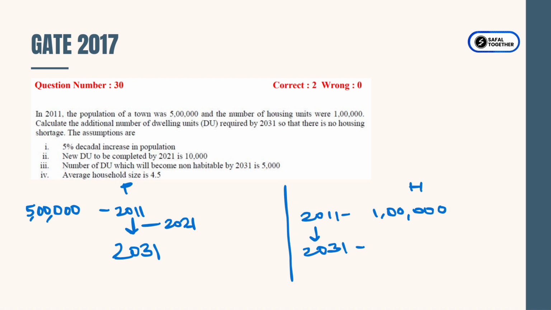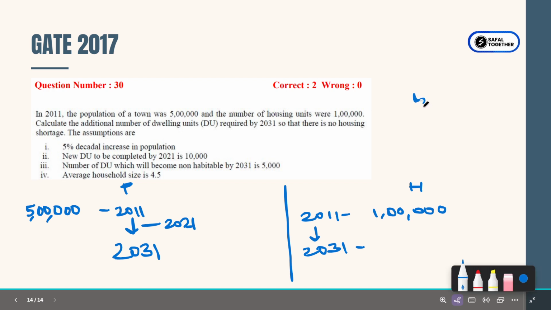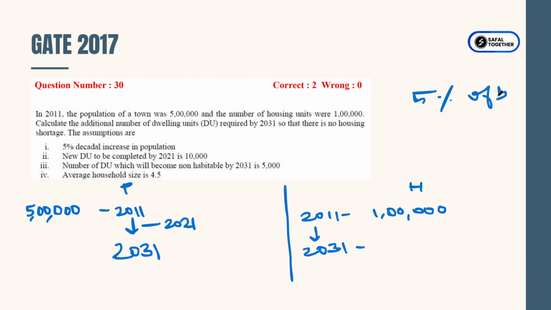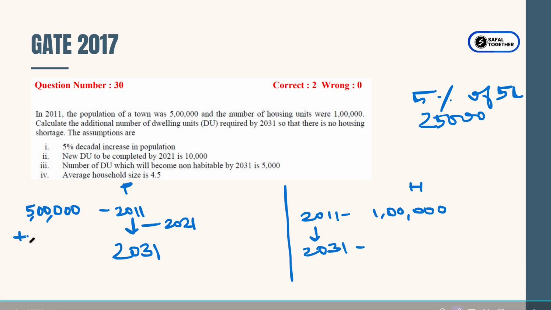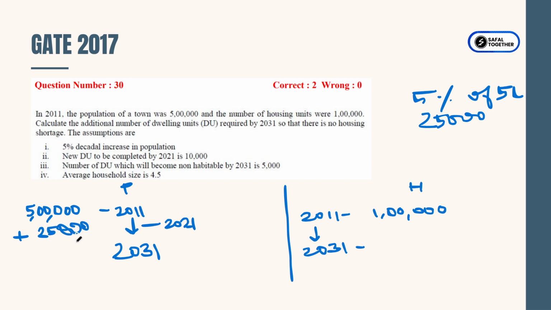Quick calculation: 5% of 5 lakhs is 25,000. So your population adds 25,000 in the first 10 years itself, giving 5 lakh 25,000.